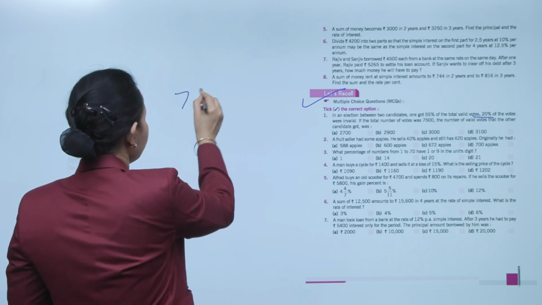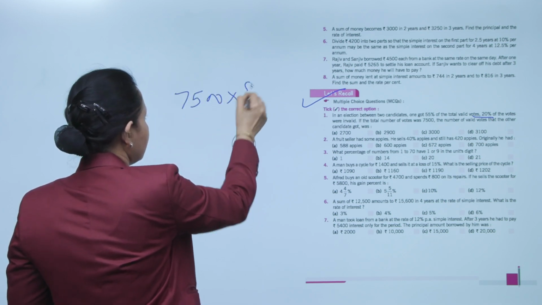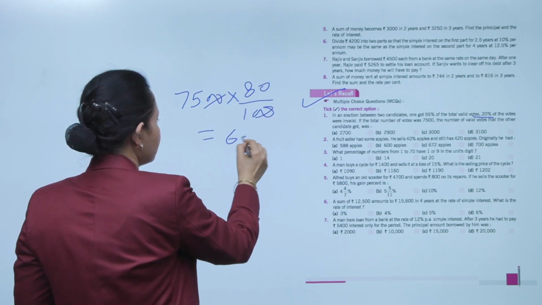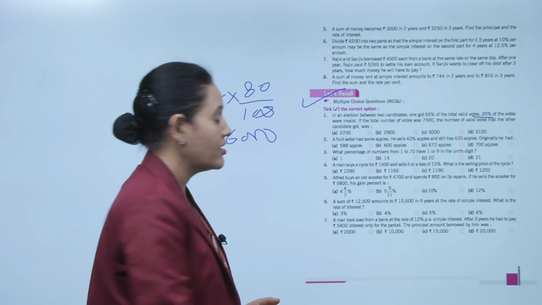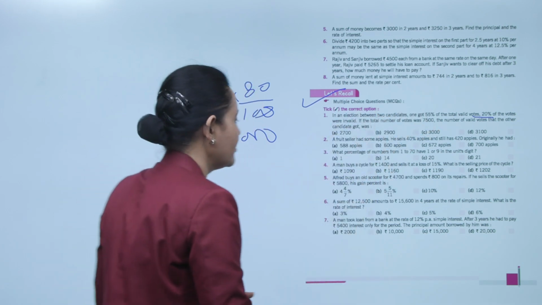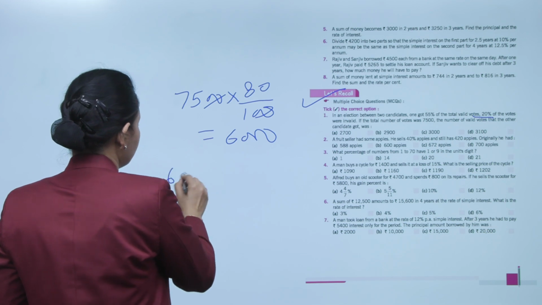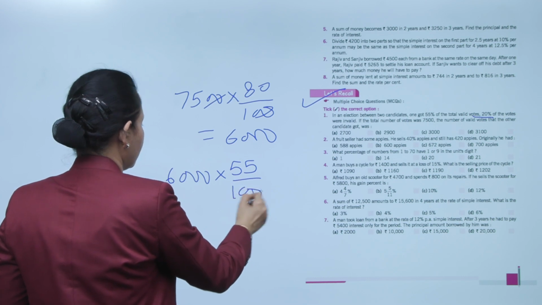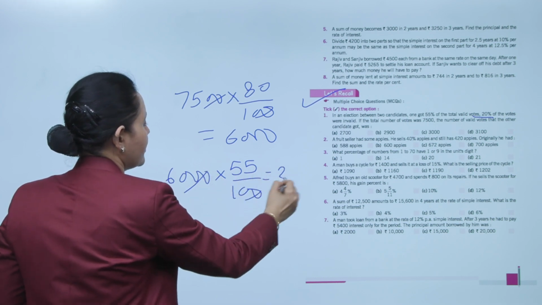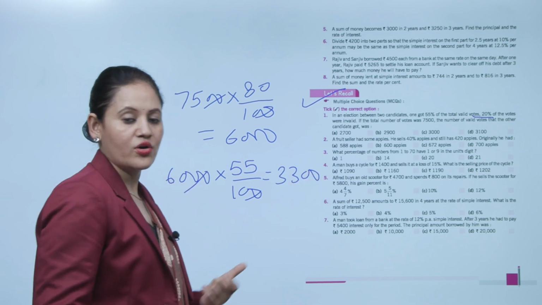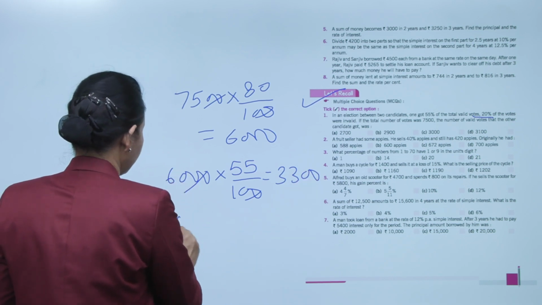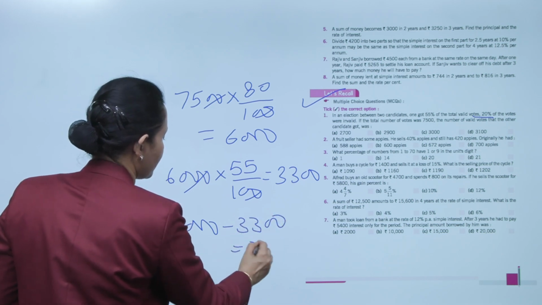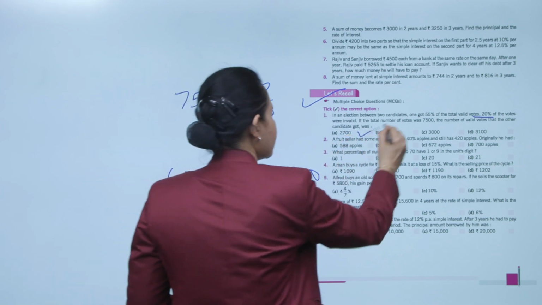So total number of valid votes, 80%, equals 6,000. Now 55% of 6,000 is what that candidate got, that is 3,300. So the votes of the other candidate, 6,000 minus 3,300, equals 2,700. So A is the correct option here.